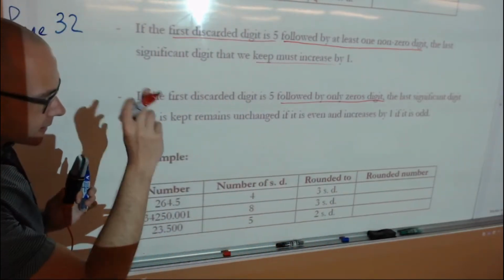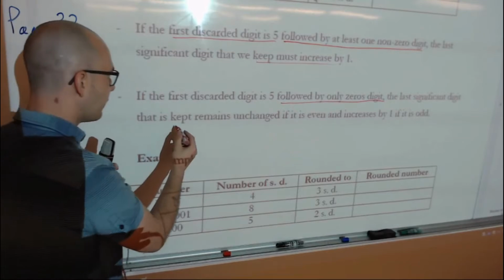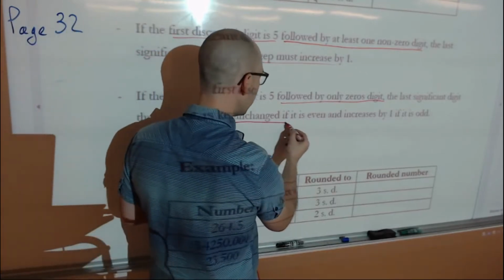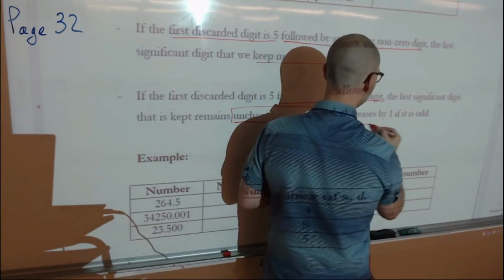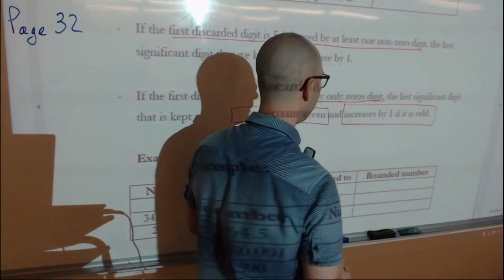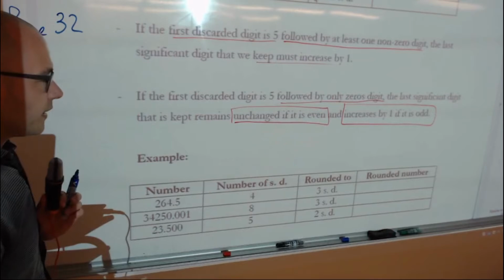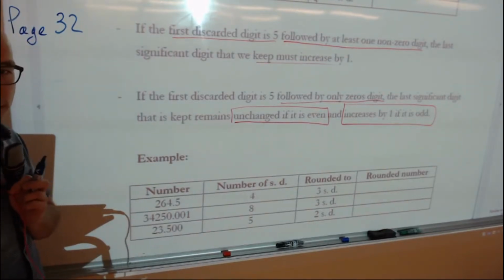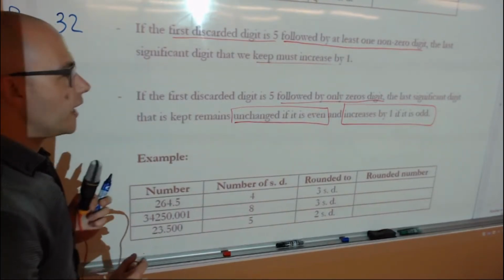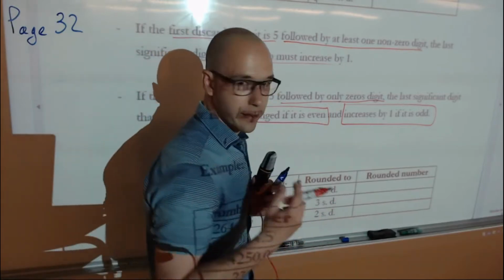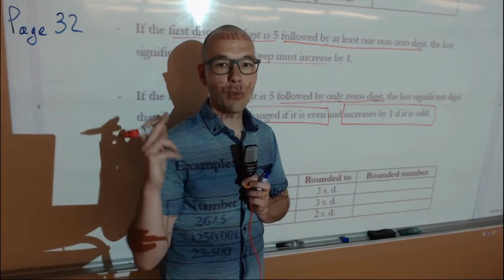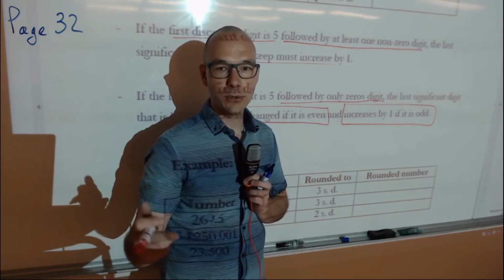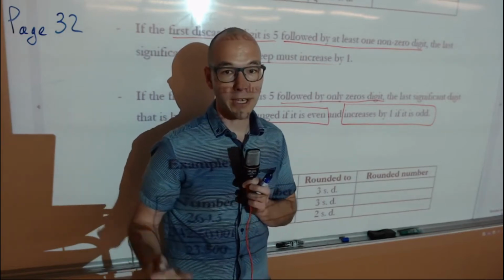The last significant digit that is kept remains unchanged if it's even, and is increased by 1 if it's odd. This is very weird because we're not used to that rule, but we use it in more technical fields because we do not want our rounding to introduce a bias in our calculations.